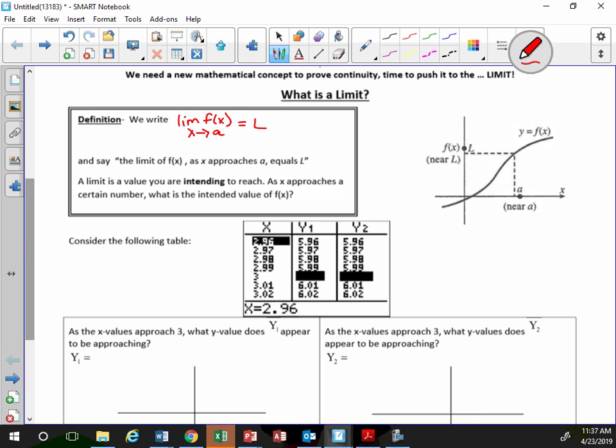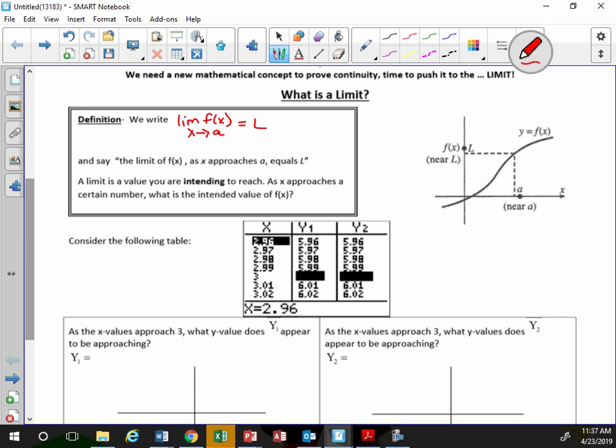Yeah, lots of notation. I should have said wait and write what I write, not what I say. What a limit is, is the y value that your graph is approaching. It's not necessarily what it equals there. It can be the value on your graph, but it's what your graph is approaching.